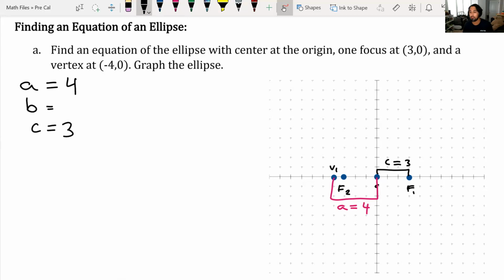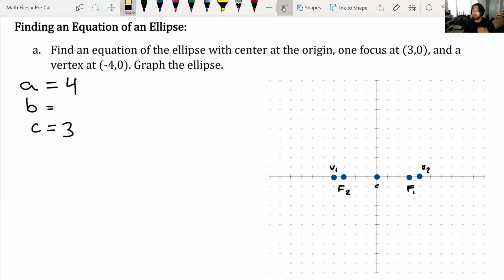Now put that over there on the left, which also means we can now find the second vertex. If it's 4 units to the left of the center, then the next vertex is going to be 4 units to the right of the center. So vertex 2. Okay, perfect.